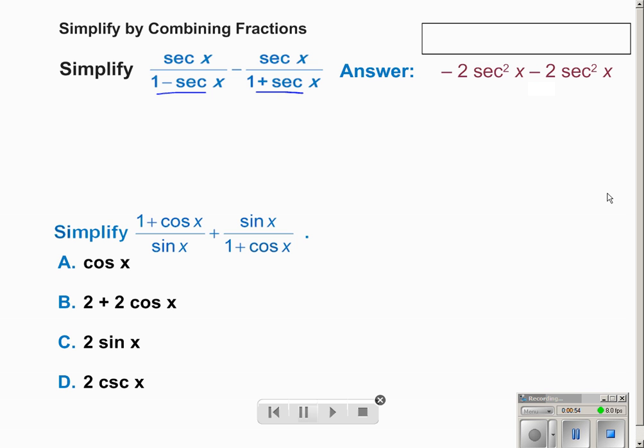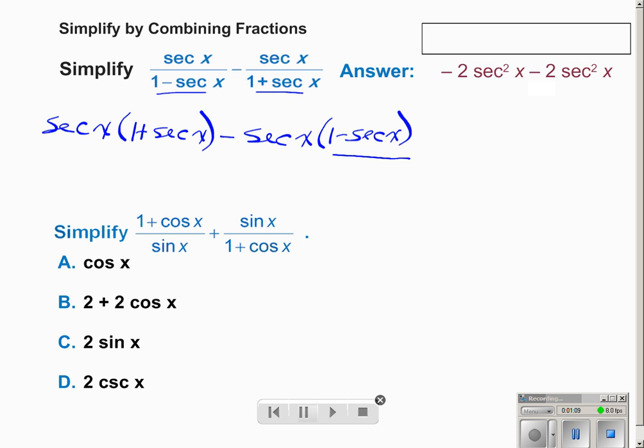So we're going to have the secant of x times 1 plus secant x minus the secant of x times 1 minus secant x. And all of that's over 1 minus secant x times 1 plus secant x, which we should recognize as being an a minus b times a plus b. So that is 1 minus the secant squared of x.